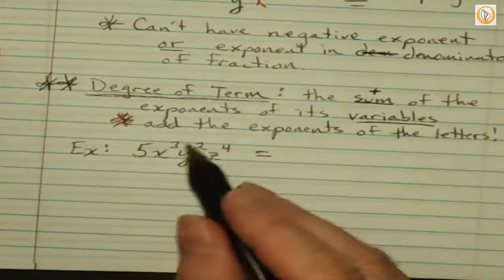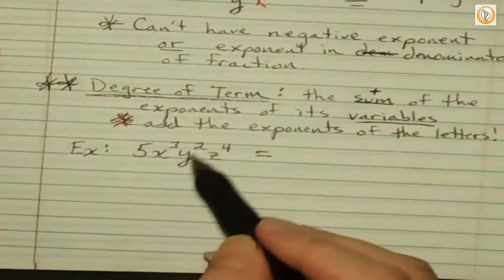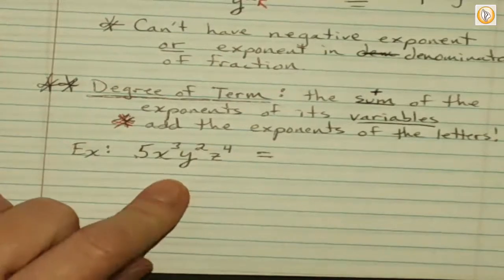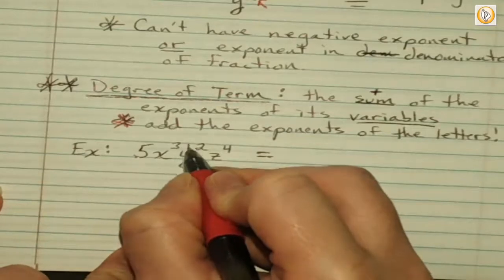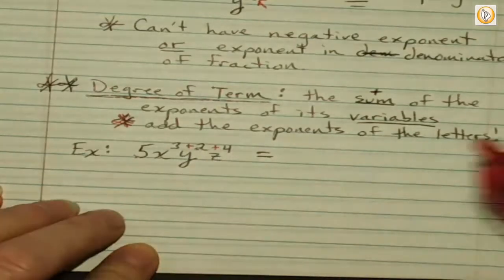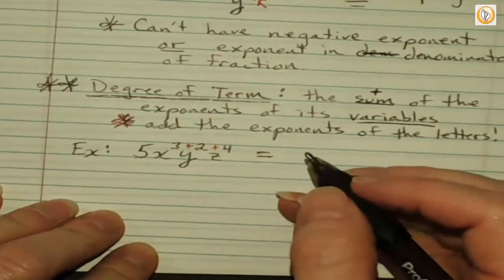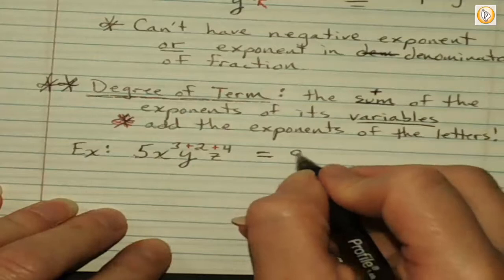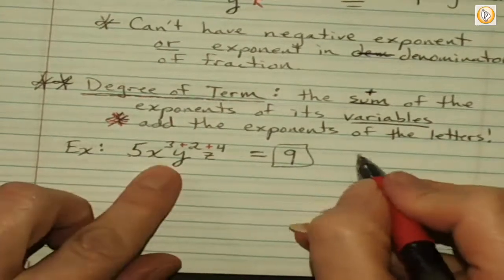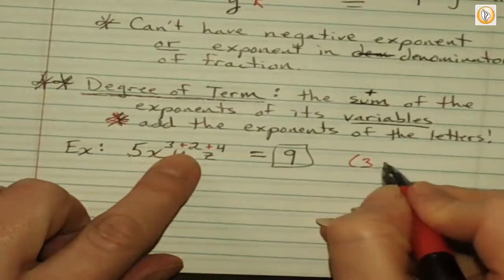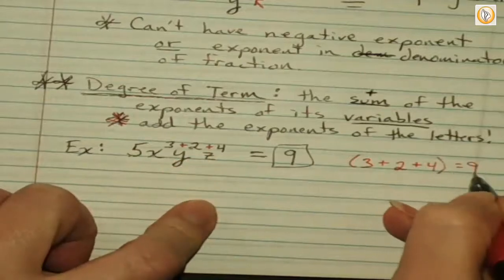That's a monomial. So if I were to say, what is the degree of this term? You would add the exponents of the letters. It'd be like 3 plus 2 plus 4. What do you get? Raise your hand. Franz? 9. Yep. You're basically adding the exponents. 3 plus 2 plus 4 equals 9.